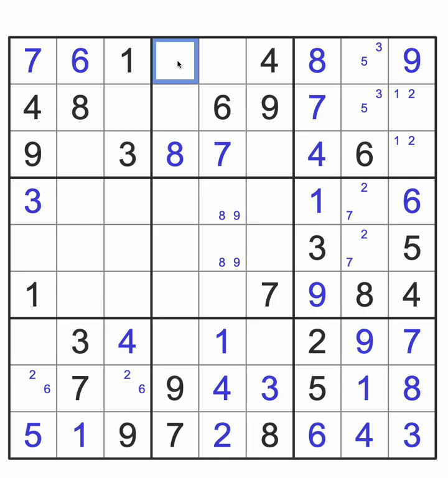So I can place 2 here. And now, oh, and these are 2, 6, 8. Okay, so this box is missing 5 and 6. That means this will be 8.